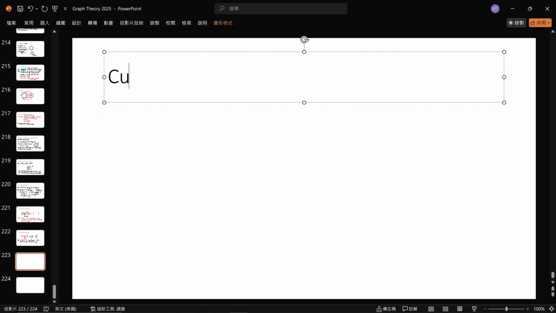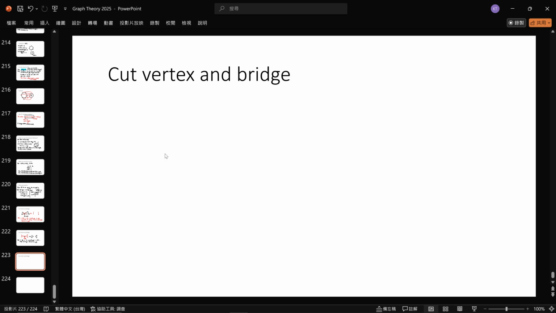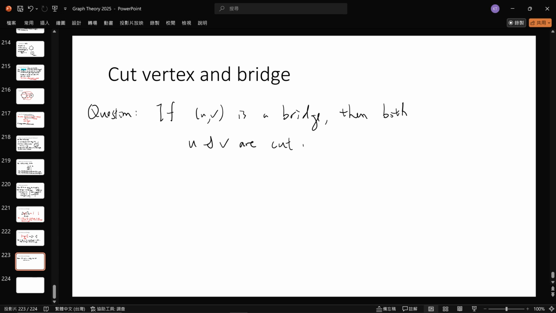I have 2 questions for you. The first one: say you have a bridge UV, with endpoints U and V. Can you always say that these 2 endpoints are cut vertices?